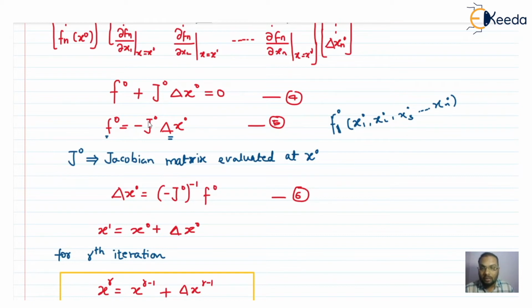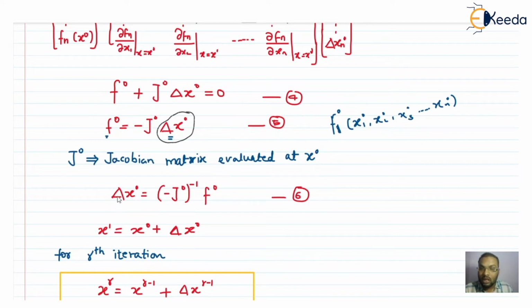If we get F naught and J naught, we can calculate this correction vector, the correction in the quantity which is to be found out. Let us rearrange this equation number 5.